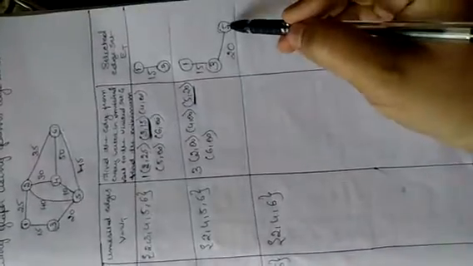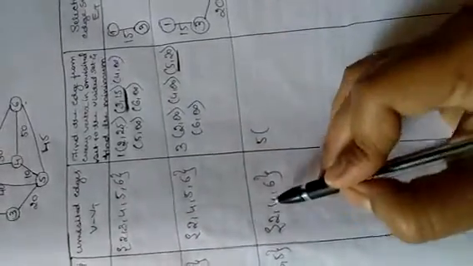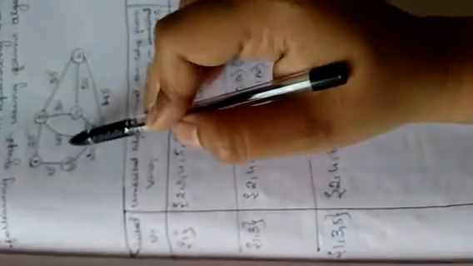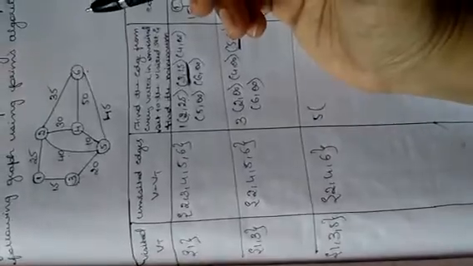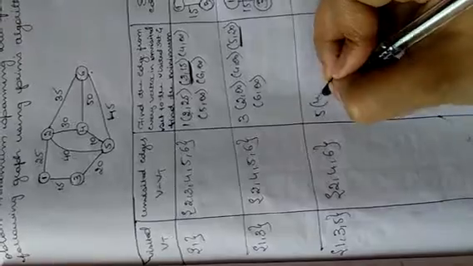Now from which one you have to take? From 5 you have to take, from 5 to 2, 4 and 6. See, from 5 to 2, is there any direct edge? Yes, that is 40.